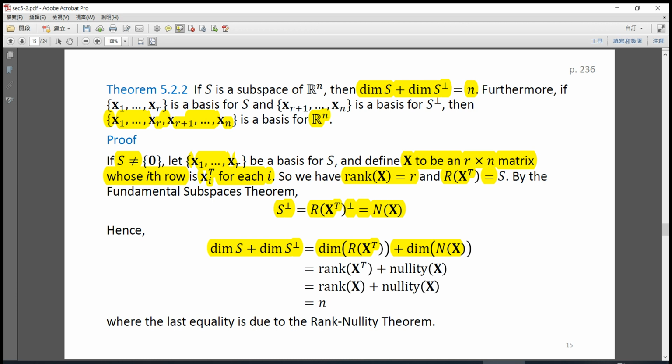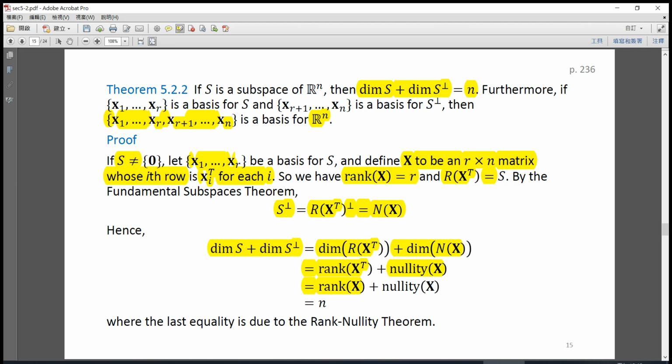Because the dimension of R(X transpose) is the rank of X transpose, and the dimension of the null space of X is the nullity of X, we have the second equality. And from the result in section 3.6, we know rank X transpose equals the rank of X. Hence, we have the third equality.